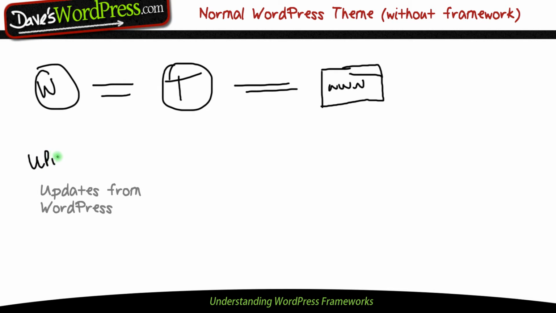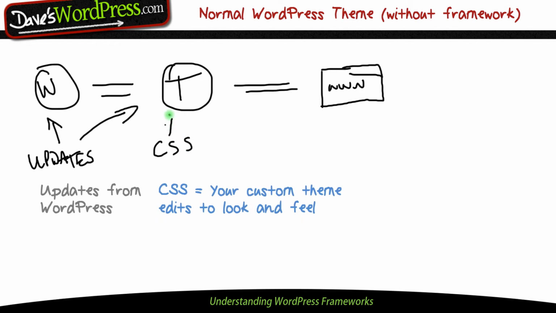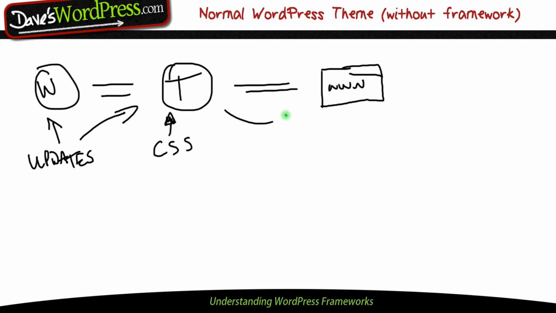So there would be updates from WordPress that would automatically update the WordPress installation, and they can actually affect the way that the theme looks. Also, there are CSS updates that you can make directly with your theme's CSS style sheet, which would change the way that your website would look on the World Wide Web.